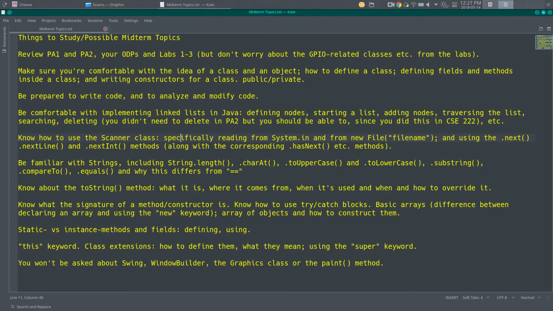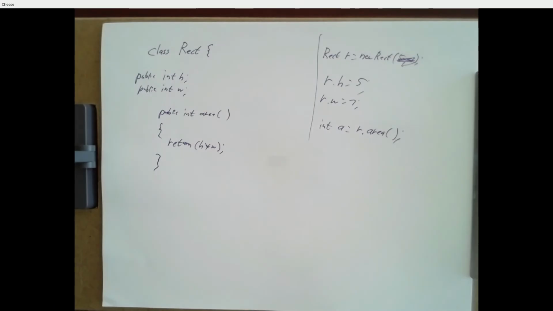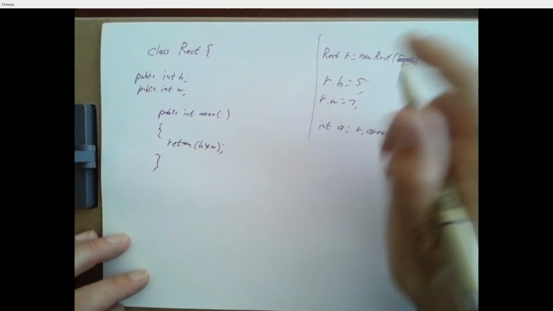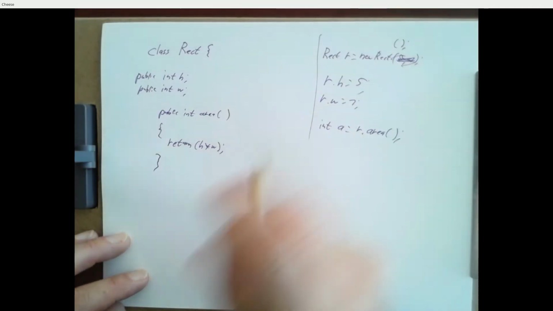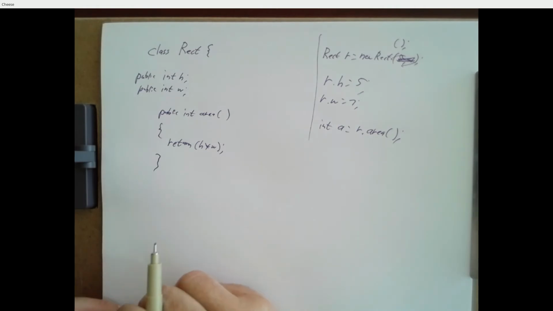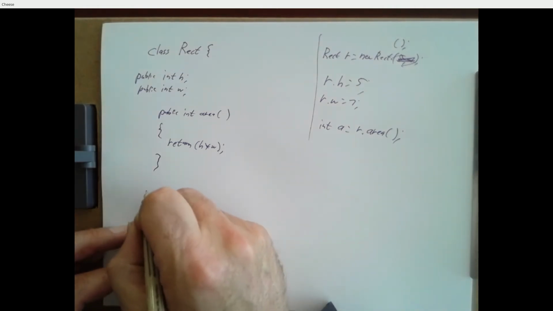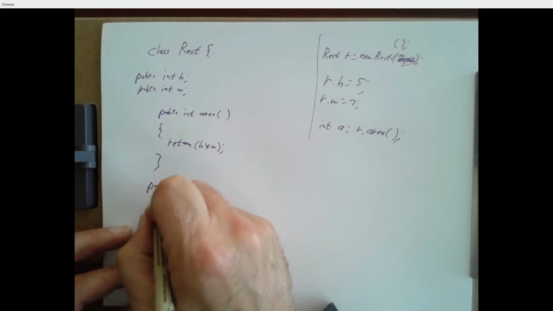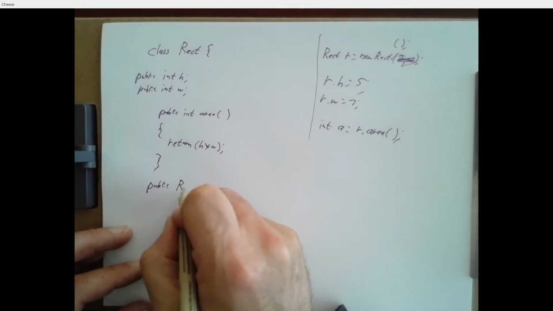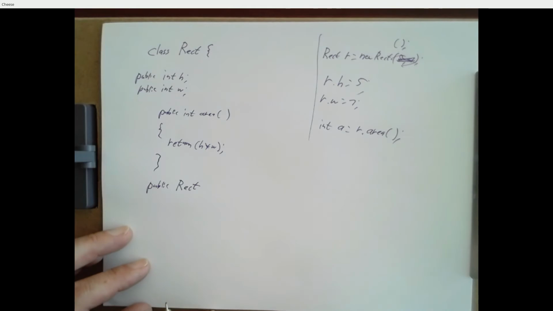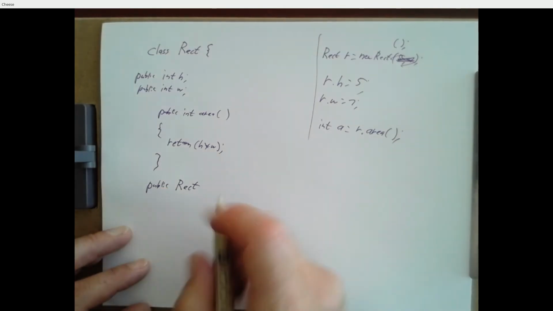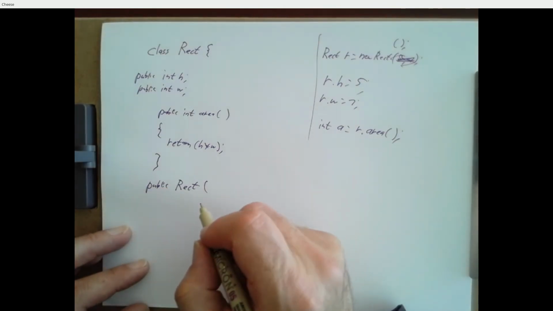All right, and then constructors let you do something more specific when you make a rectangle. So this is just constructing an empty rectangle. There's no initial value for anything. But you can make a constructor, and remember your constructor is going to be something like the name of the class, right, with no return type, and then whatever arguments you want.